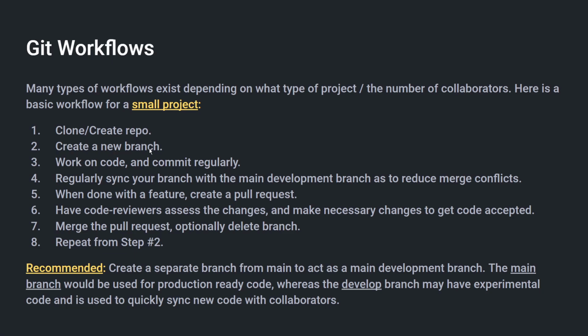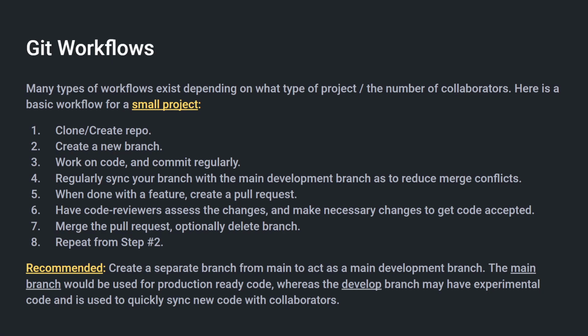So I know I've been saying main or development branch a lot, but the recommended way to have your project structured is to have a main branch as your production ready branch, and then have a development branch where it can be used to quickly sync new code with collaborators.